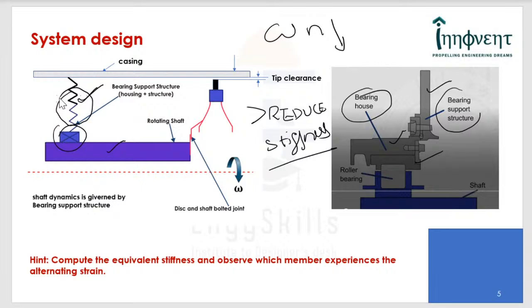And also importantly, you can see the tip clearance. Be it compressor, be it turbine, the tip clearance is of utmost importance, and therefore it has to be maintained, and a stiffer bearing support structure would mean the tip clearance is maintained. Now let's understand these facts in detail.